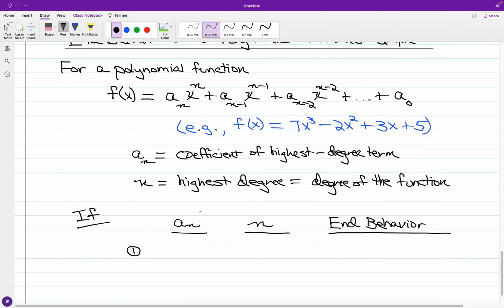Let's say that a of n is a positive coefficient and the degree n is an odd value. If I have a positive highest degree term and the degree is odd, the end behavior, we say, is down to the left and up to the right.